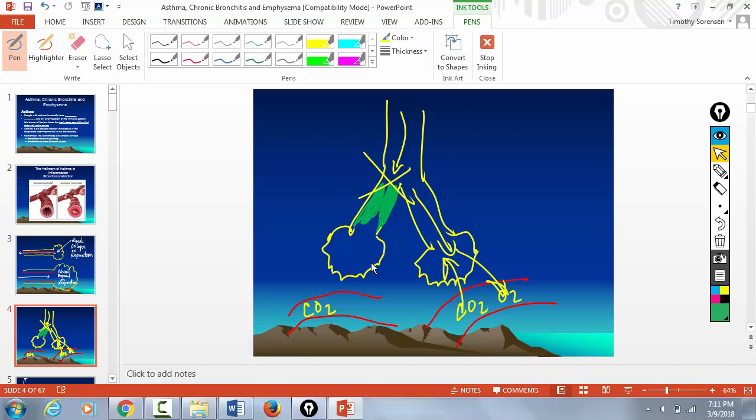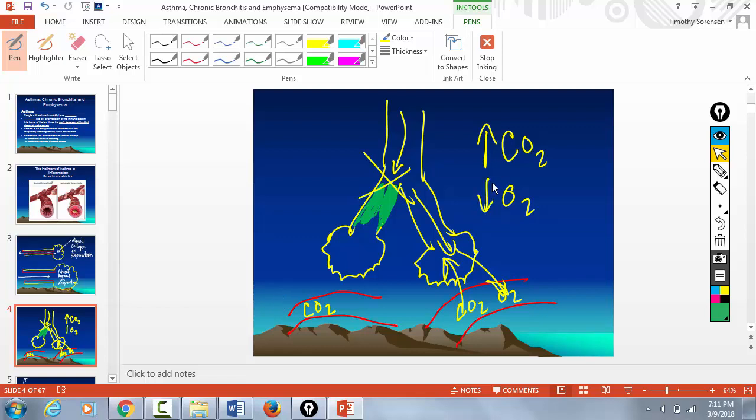So what's going to happen to this person's overall level of CO2 and oxygen? What's going to happen to the CO2 levels in the blood? They're going to go up, right? Because you're not able to get rid of that CO2. What's going to happen to their O2 levels?